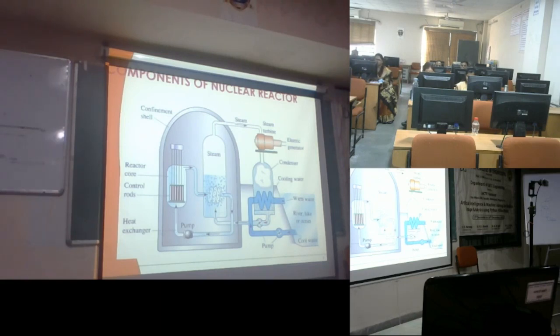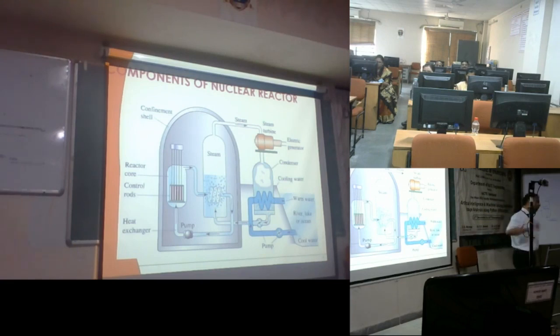This is known as the thermalization of the neutron, and that thermalized neutron is capable of hitting the uranium nuclei, which can produce the nuclear reaction. So this is the entire process, and these are the various pumps.